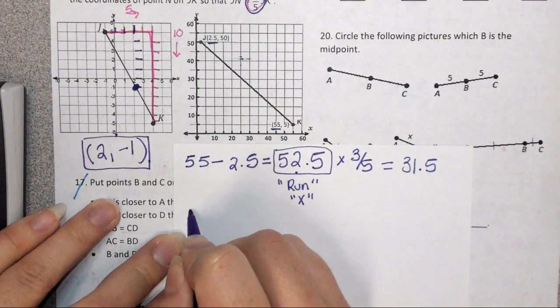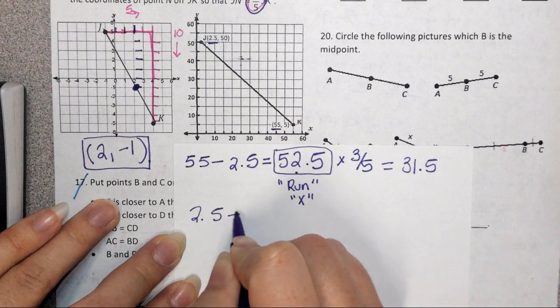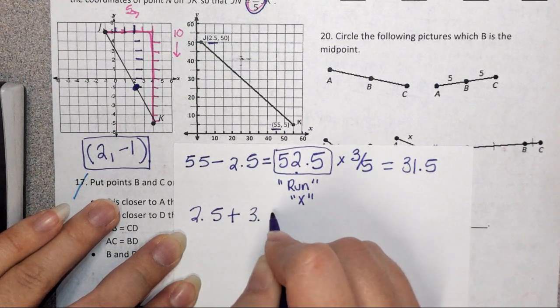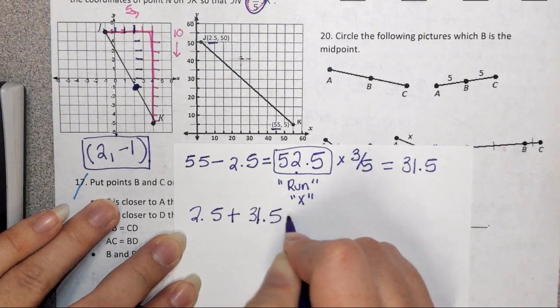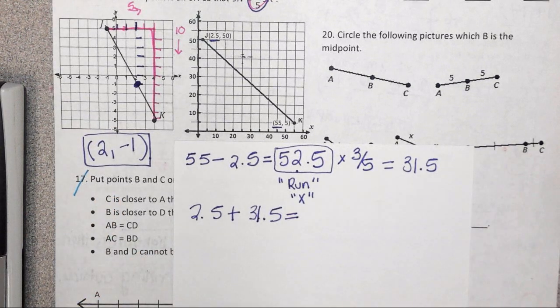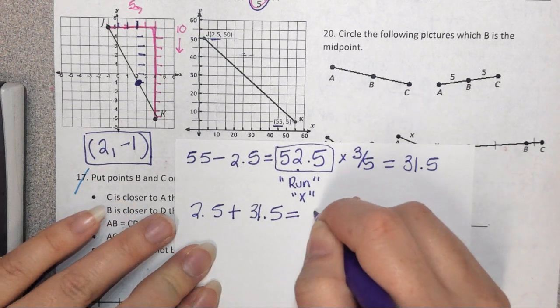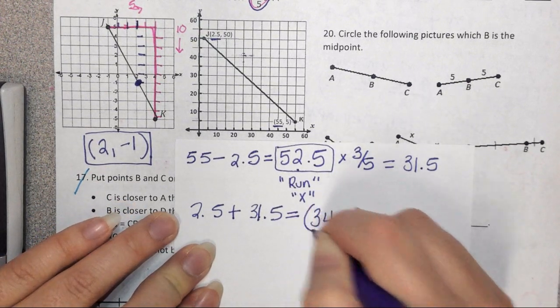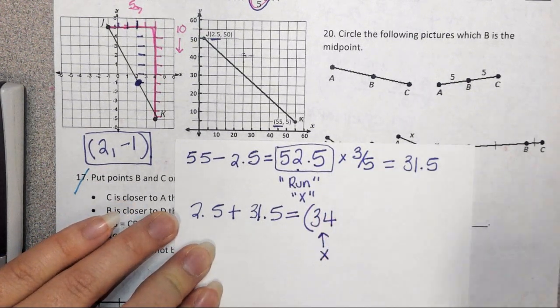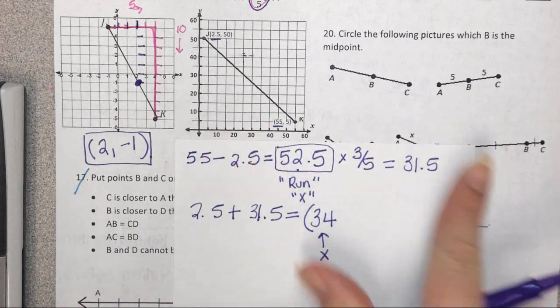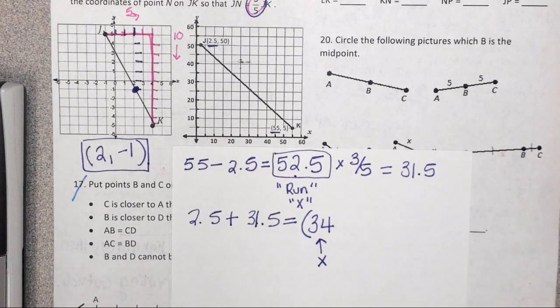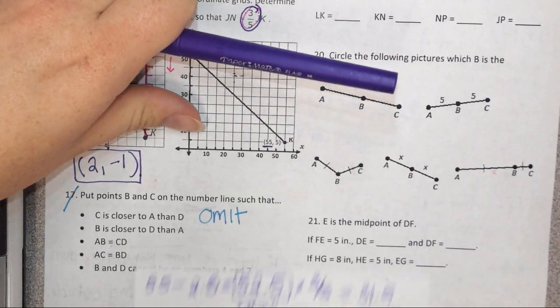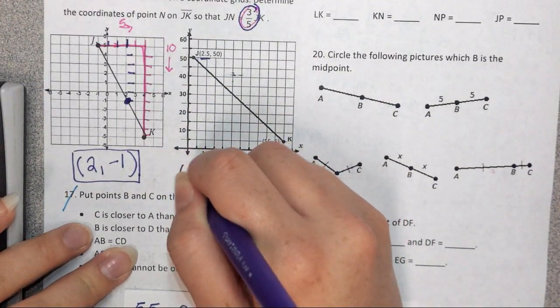So the way that we do that is we just add it to our original x coordinate. So 2.5 plus 31.5 gives us 34. This is the new x coordinate for the 3/5 point. So I've got half my answer right now.